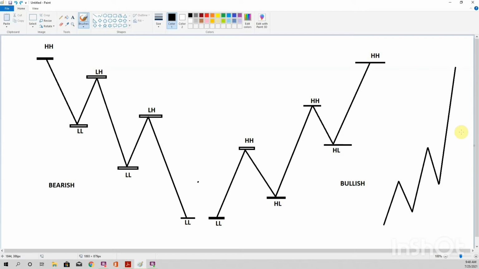What they are merely saying is that if price is continuing going down, for instance, so from here, price comes through this way and it goes down, retraces, continues going down.